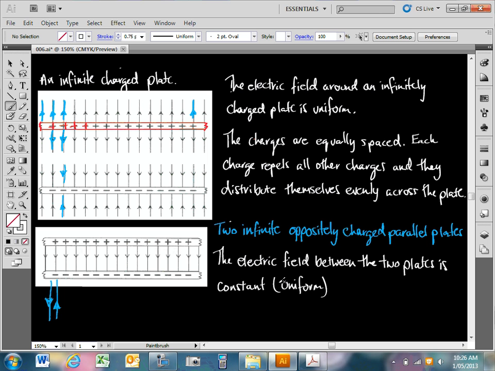The electric field between the two plates is uniform. There is no electric field outside.